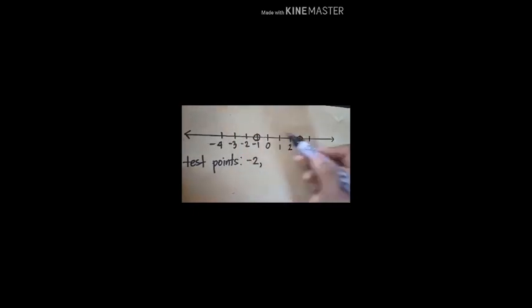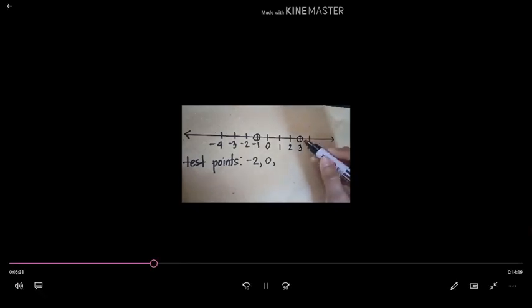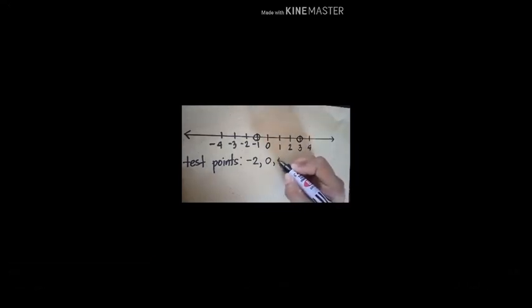Dito sa middle region, or yung region in between negative 1 and positive 3, let us just use 0. And then, dito sa region which are greater than positive 3, let us use 4. Okay? So, itong test point or test value na choose natin, isa-substitute natin ngayon sa original equation.